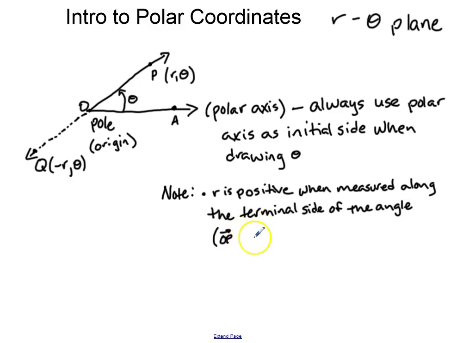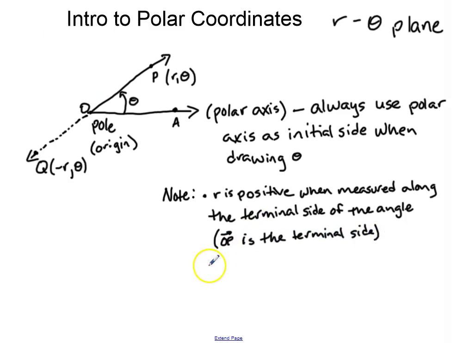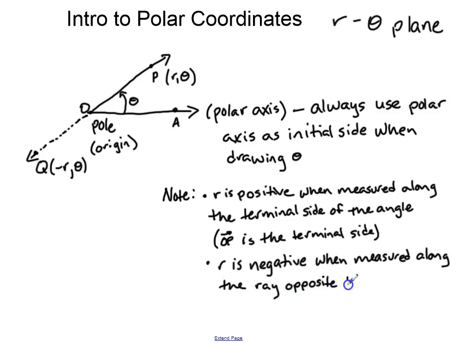OP is the terminal side. On the other hand, R is negative when it's measured on the ray opposite the terminal side. And in this case, of course, OQ.